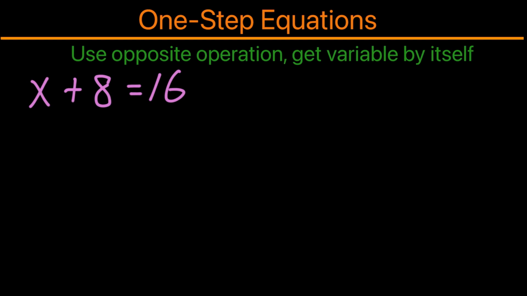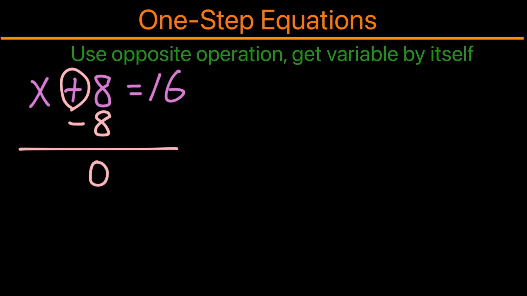In this case, x plus 8 equals 16. So what we want to do here is use the opposite operation. In this case, it's minus 8 because we have a plus 8 here. By doing so, the plus 8 minus 8 becomes 0. And so you will end up with x plus 0.